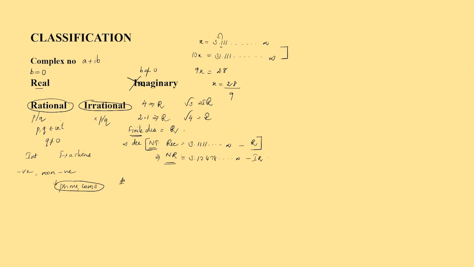So we will slightly modify the definition so that we can properly differentiate between prime and composite numbers. Prime numbers are the numbers which have exactly two distinct factors, and these two distinct factors are 1 and itself. Any number that has more than two distinct factors is going to be a composite number.